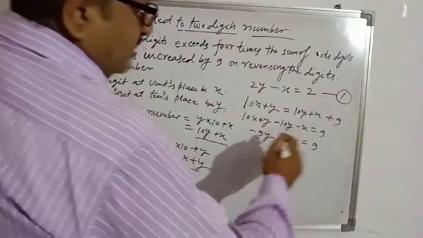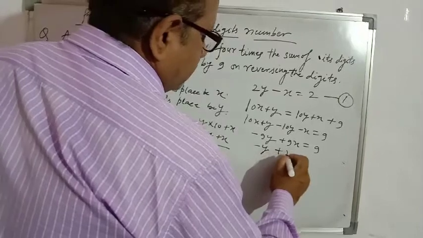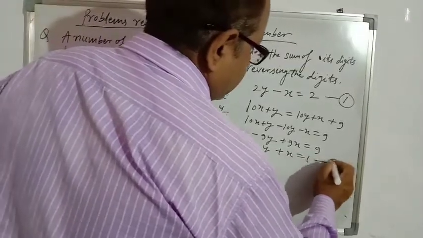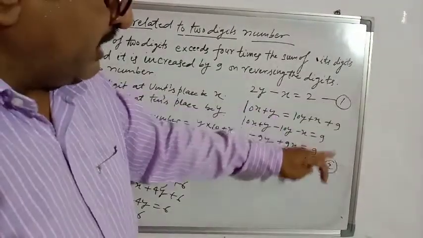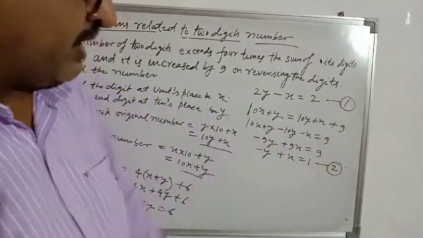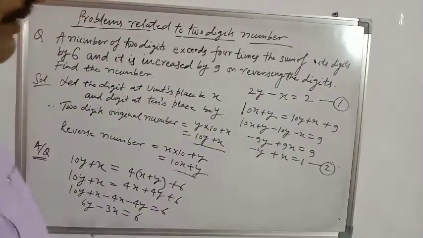We can divide the whole equation by 9. So divide it: minus y plus x is equal to 1. This is the second equation. So we have two linear equations in two variables, equation number 1 and 2. Now we will solve them to find the values of x and y.